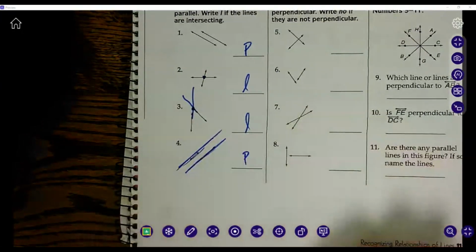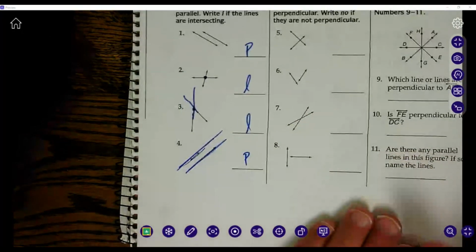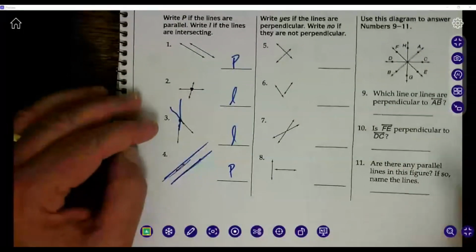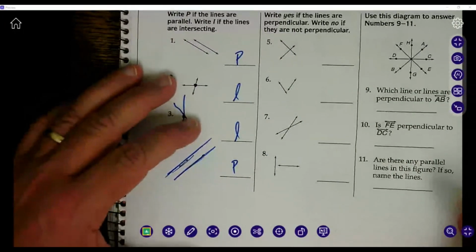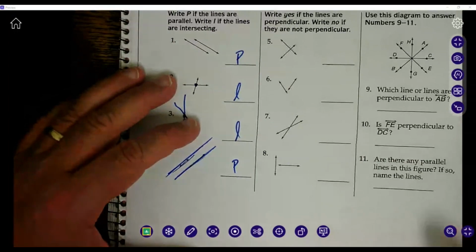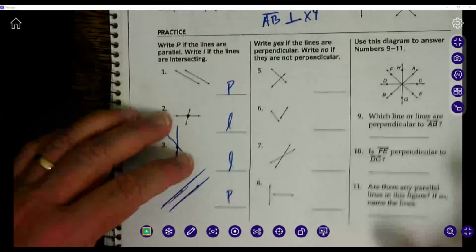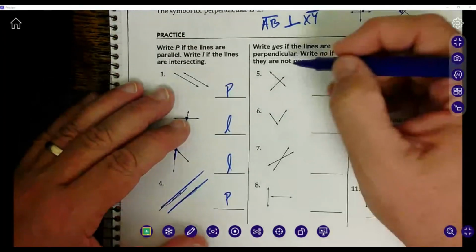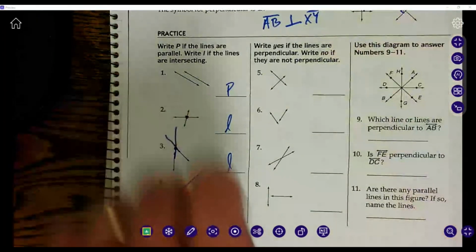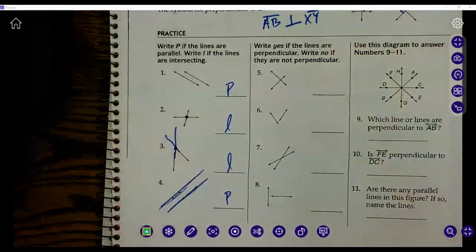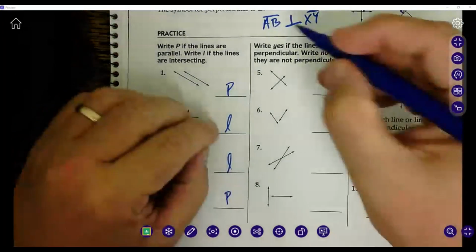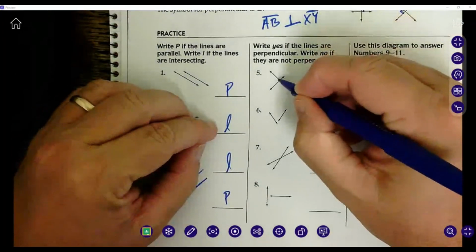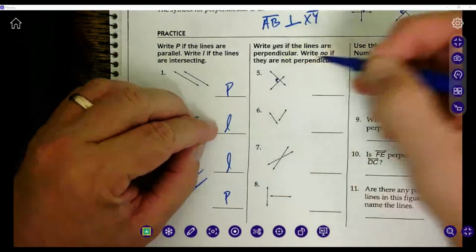That means they're parallel. The next section says write yes if the lines are perpendicular, write no if they are not perpendicular. So let's look at number 5. Perpendicular means they form a right angle, and so you have to sort of look at these. I'm going to have to put my glasses on. When I look at this, I see that that is a right angle right there.